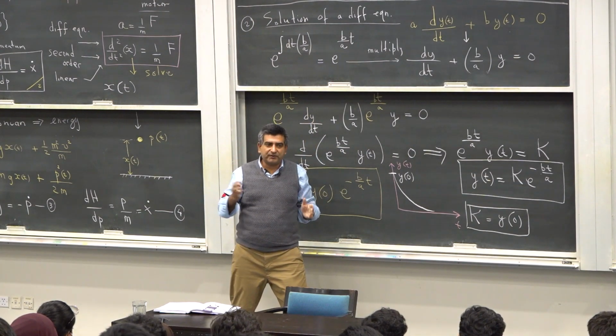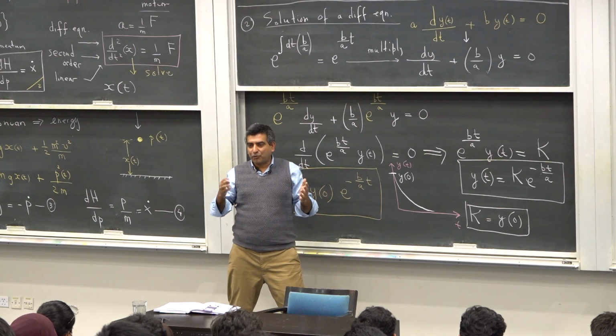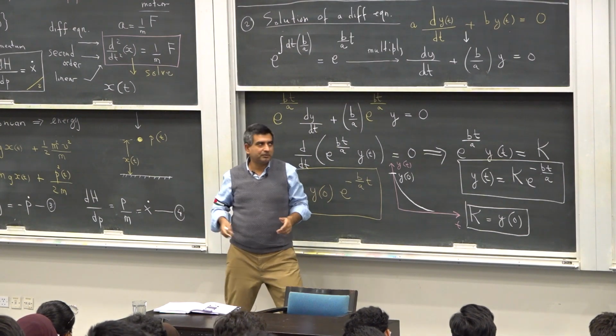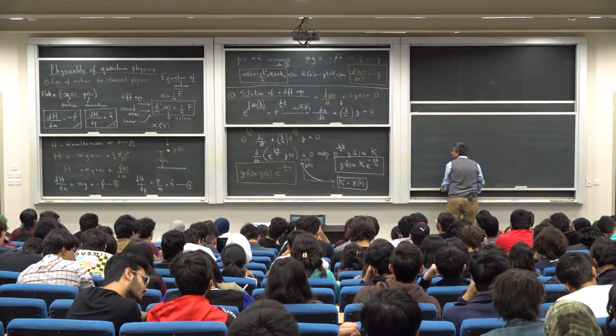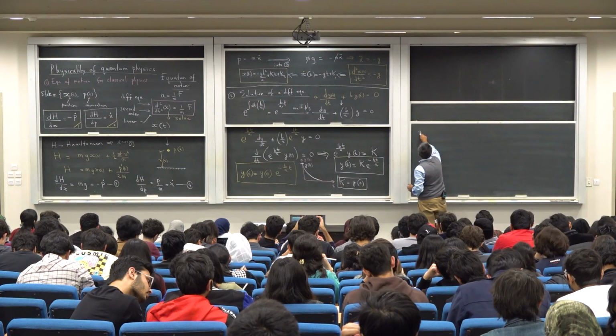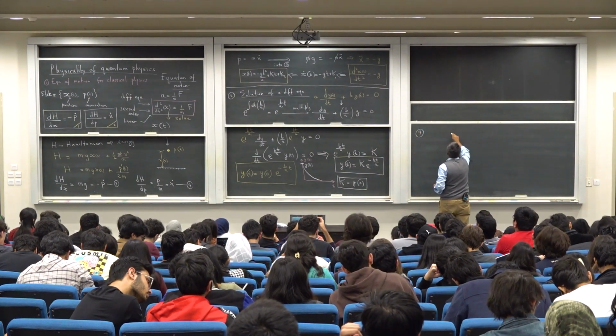Now let's jump straight to the quantum equation of motion. And the quantum equation of motion is called, any guesses? The Schrodinger equation.